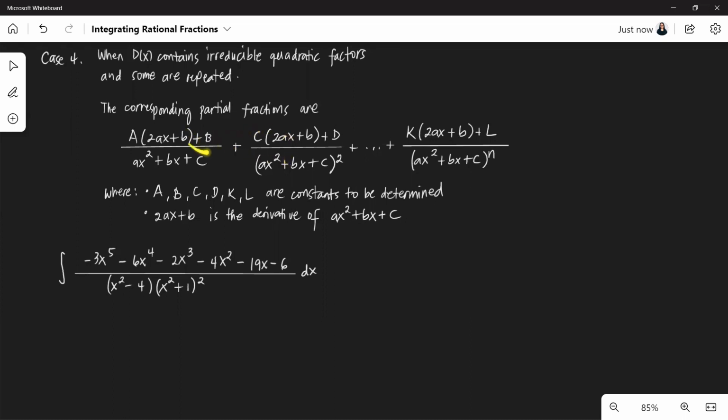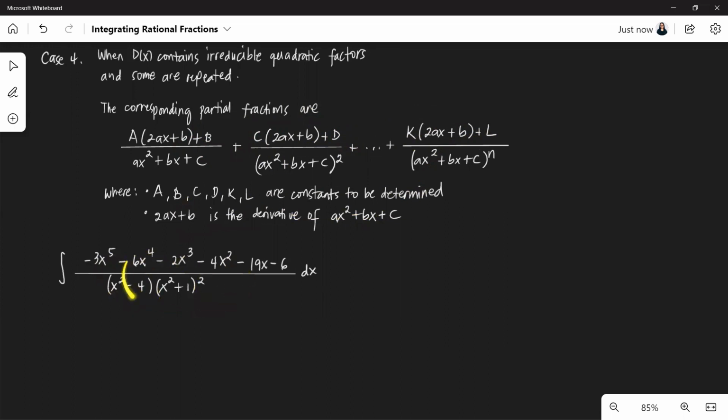And similar to this first numerator, the second partial fraction has this numerator and the other partial fractions. Okay, where A, B, C, D, K, and L are constants to be determined. And again, 2ax plus b is the derivative of the irreducible quadratic factor.